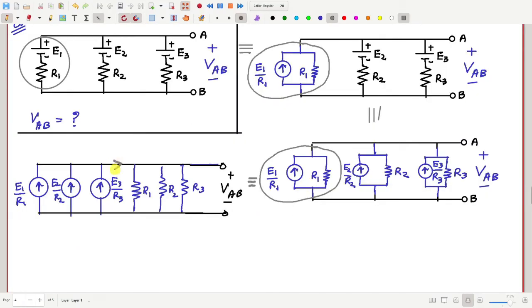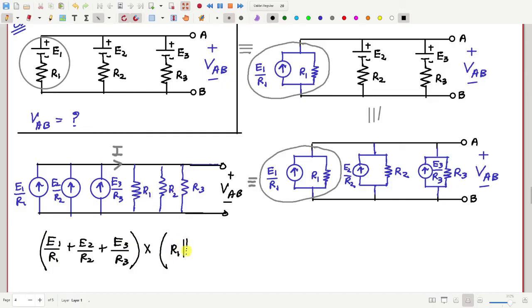Absolutely right. If I call this current I, then how much is I? I is equal to E1 by R1 plus E2 by R2 plus E3 by R3. This is capital I, and this amount of current is flowing through this parallel combination of the three resistances, R1 parallel R2 parallel R3.